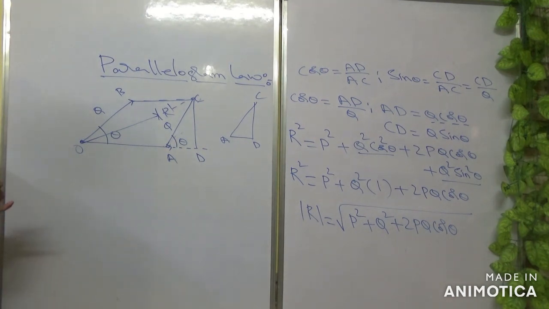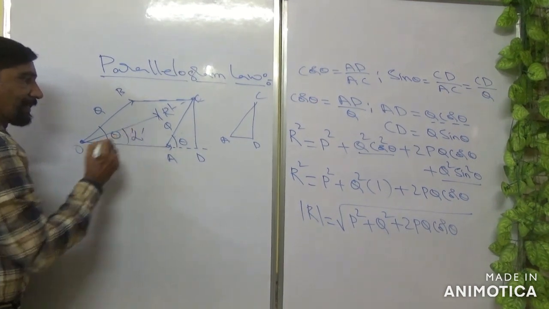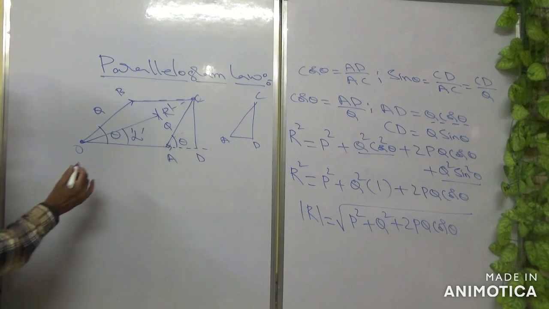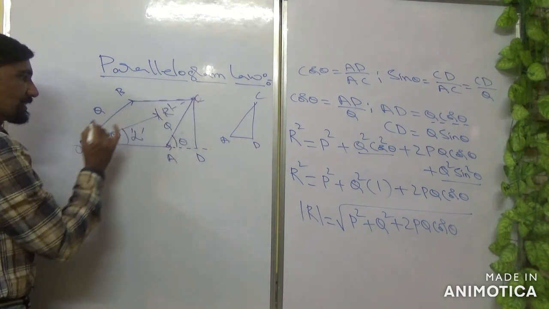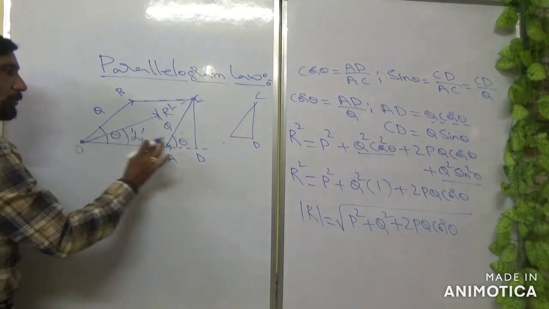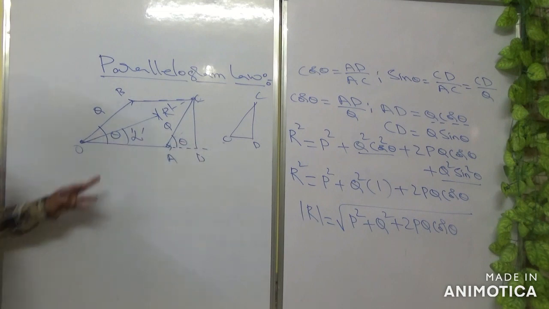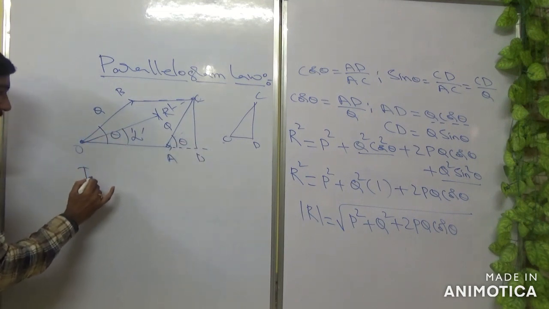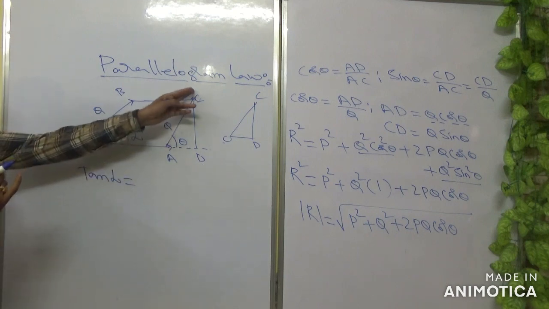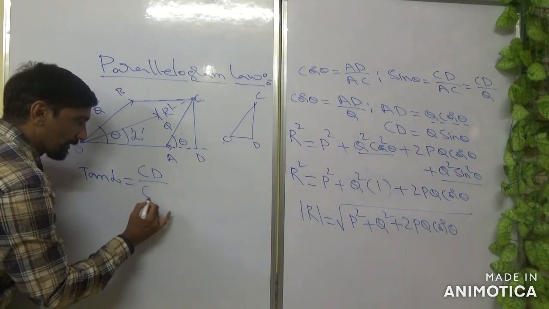Now let us assume that the resultant OC is making an angle alpha with OA. So you consider again this triangle COD. Tan alpha, you know, from this is opposite by adjacent now, means CD by OD.